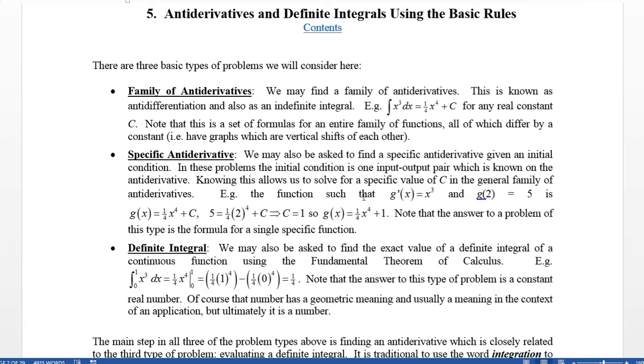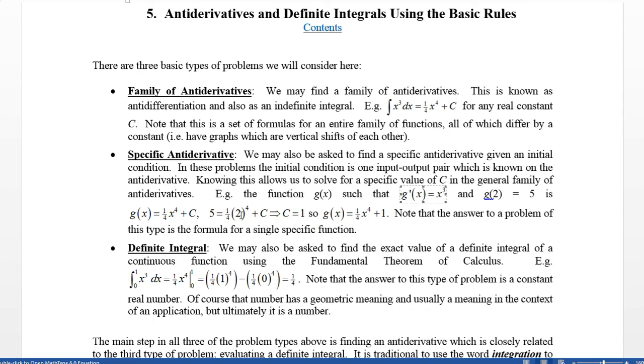So for example, we're looking for the function g such that its derivative is x cubed, and we're given that g of 2 equals 5. As we've seen above, the family of antiderivatives is 1/4 x to the 4th plus c for any c. Which c is going to work?